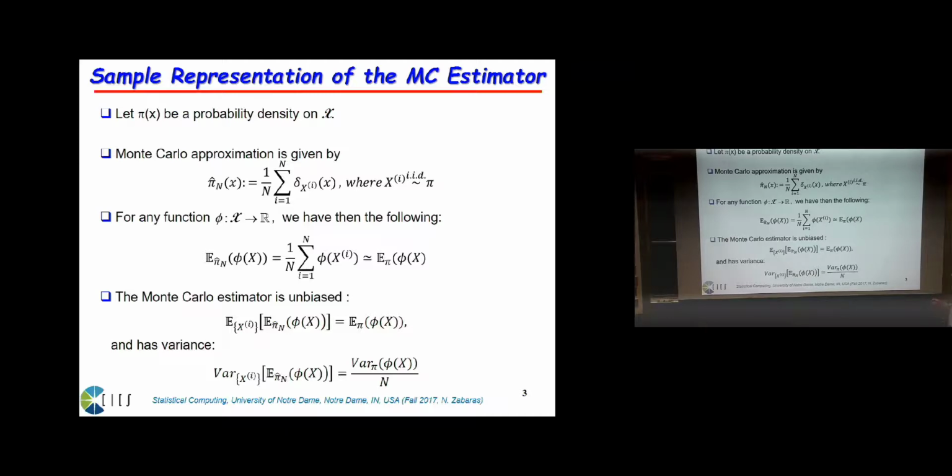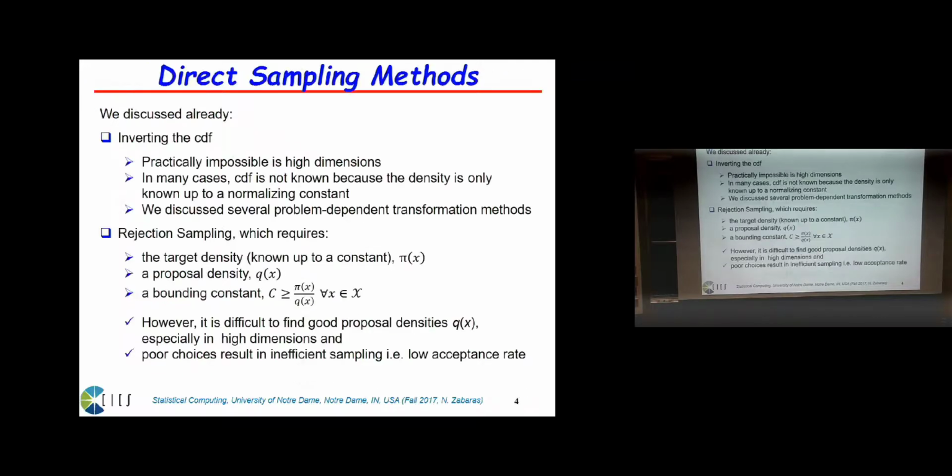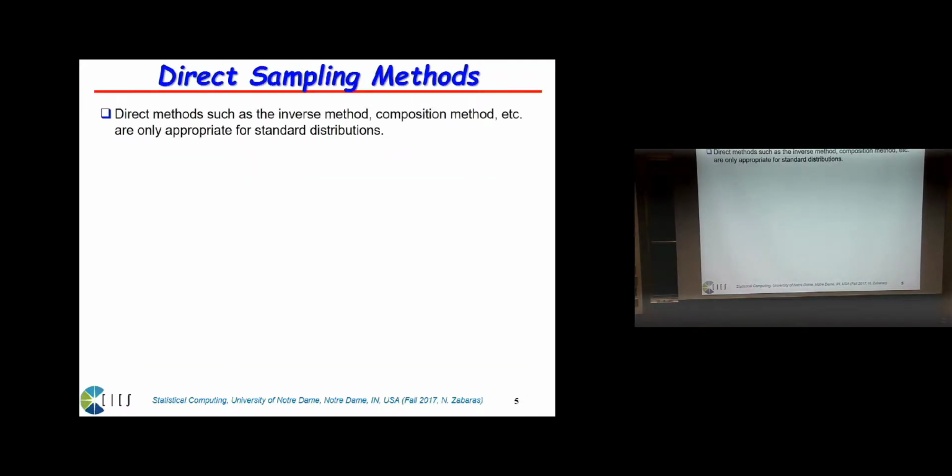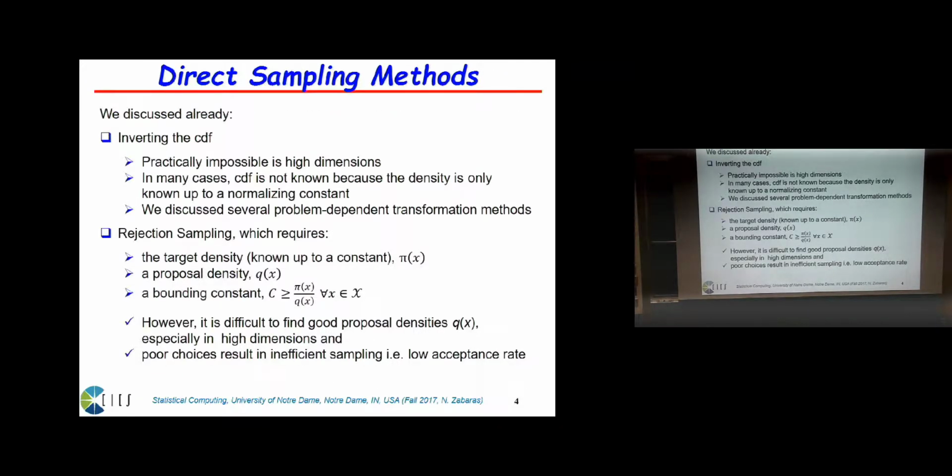So the expectation is the exact, and the variance is the variance over n. Then we started talking about how we sample, and in particular on the last lecture we emphasized rejection sampling, where new concepts came to play a role that we are going to explore further today.